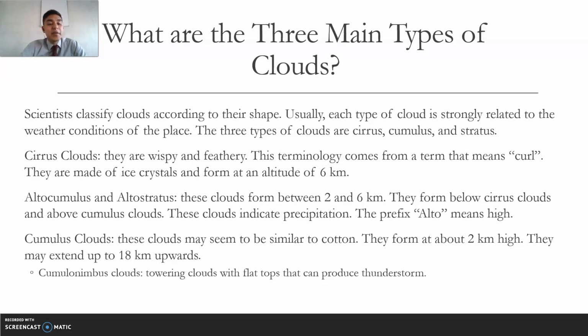We have cumulonimbus clouds, which are towering clouds with flat tops that can produce thunderstorms. So if at any time you look at a cloud that is producing a thunderstorm, you are going to know that that is a cumulonimbus cloud.